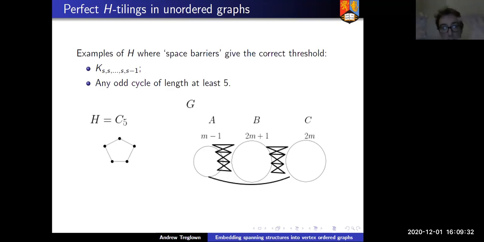And now we've just changed the sizes of the classes. So in total, there's 5m vertices, but the smallest class A only has m-1 vertices. Okay, so this doesn't have a perfect C5 tiling, even though the minimum degree is just shy of the threshold. So why is that?